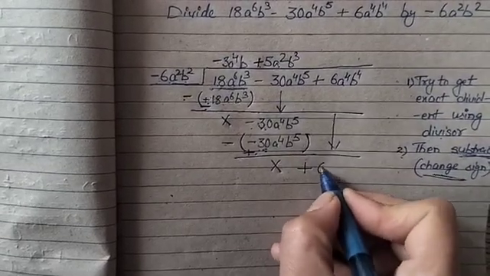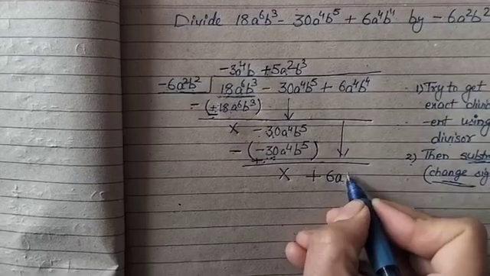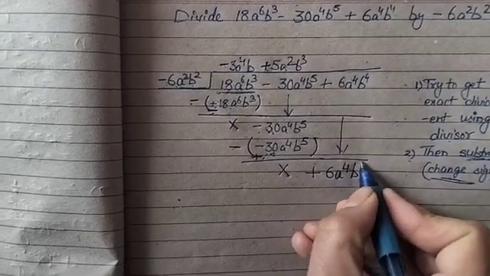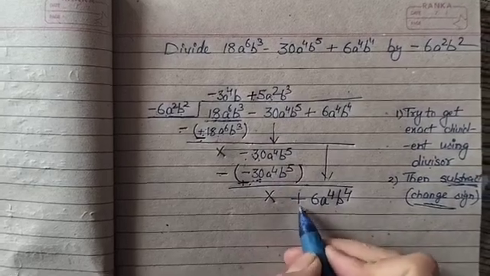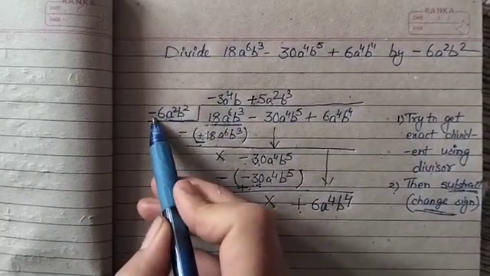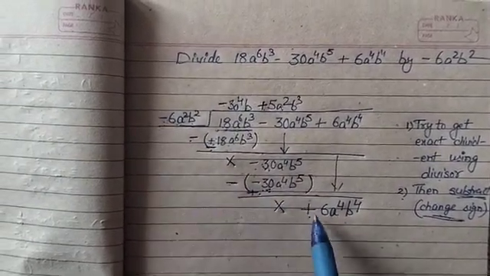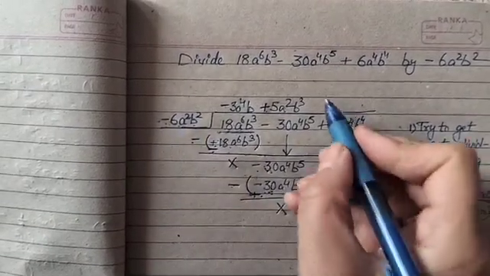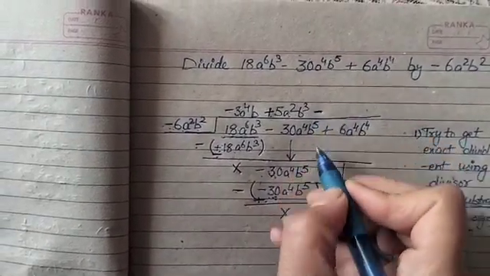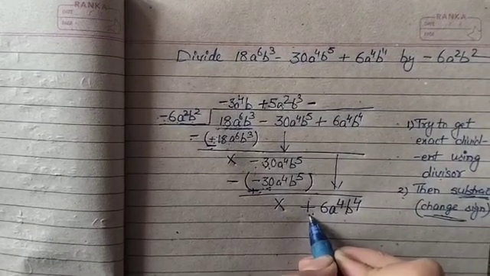So it's 6a raised to power b raised to power 4. And as you need a positive number, your dividend is positive and your divisor is negative, so you must supply a negative number so that you get a positive.